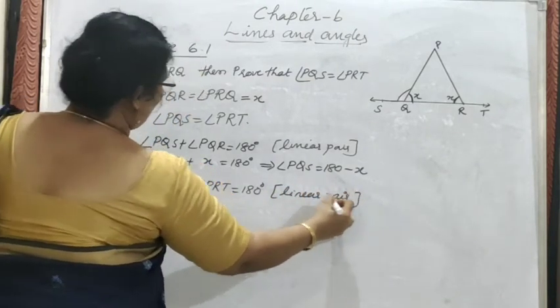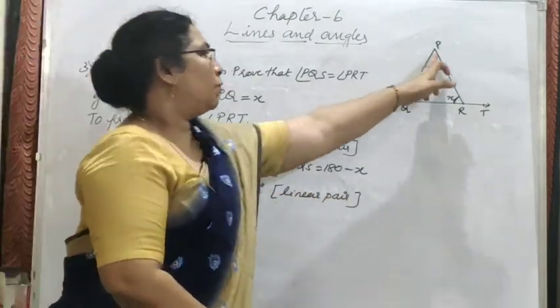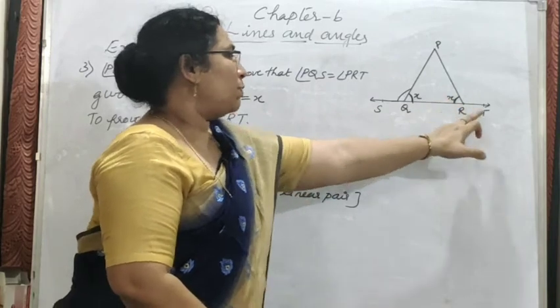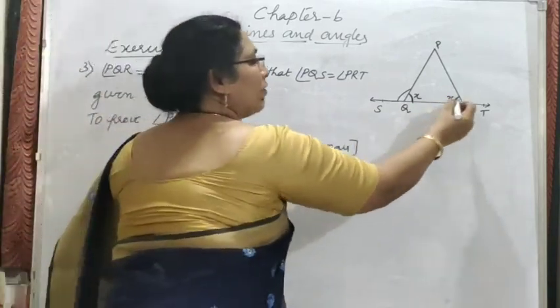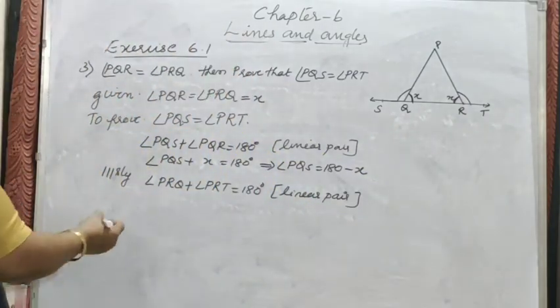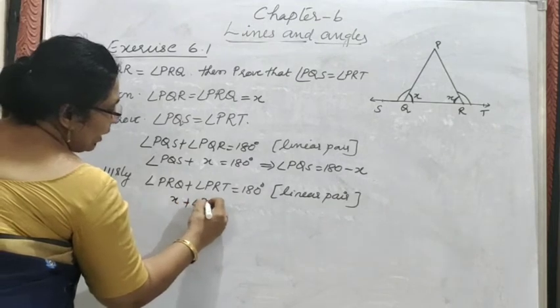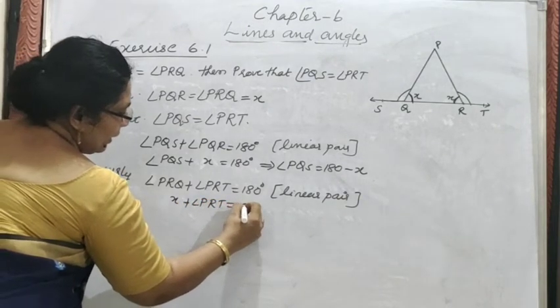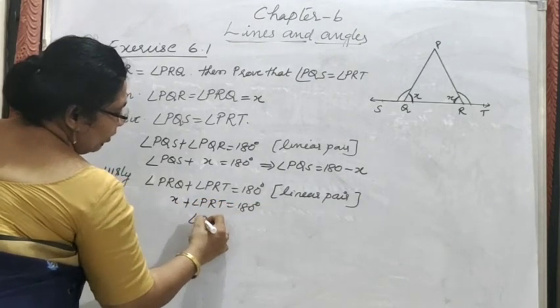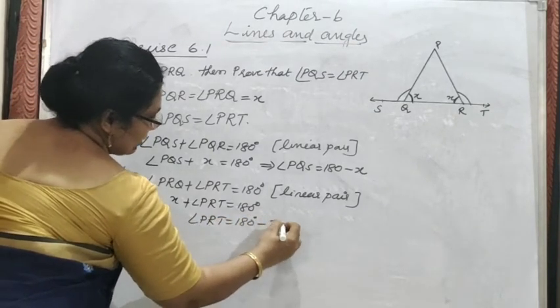So again we have written 180 degree, but PRQ is x only. So x plus angle PRT equal to 180 degree. Therefore angle PRT equal to 180 degree minus x.